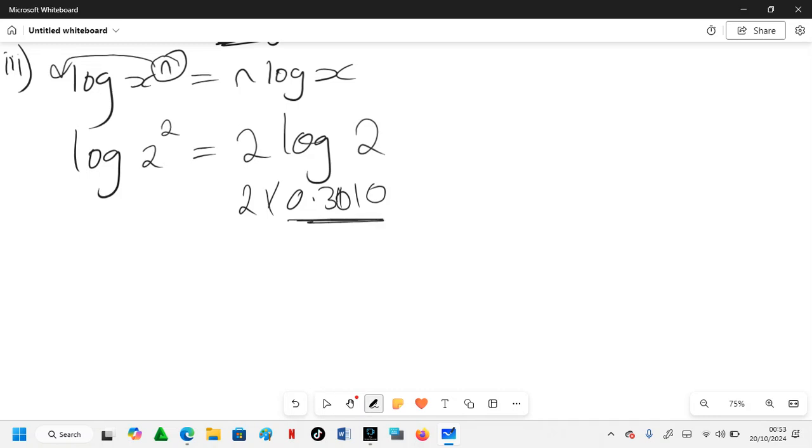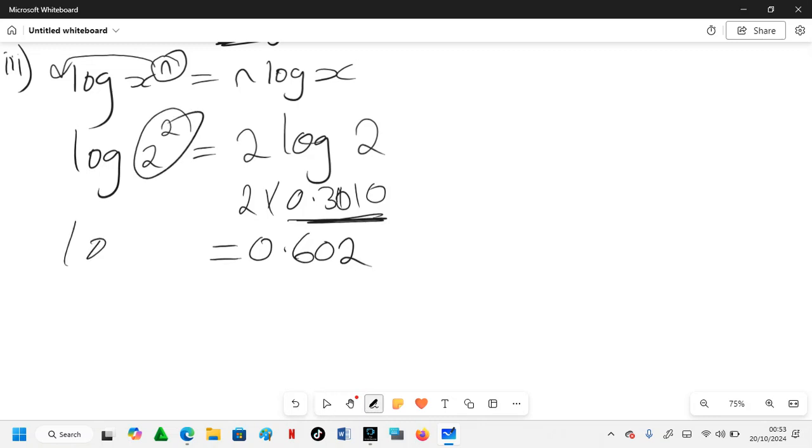I think we have looked for this many times. It should be at your fingertips right now. 2 times 0.3010 will be 0.602. But we know 2 power 2 is 4.